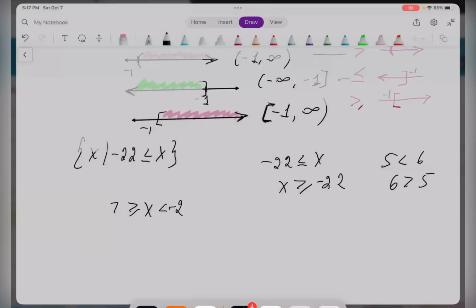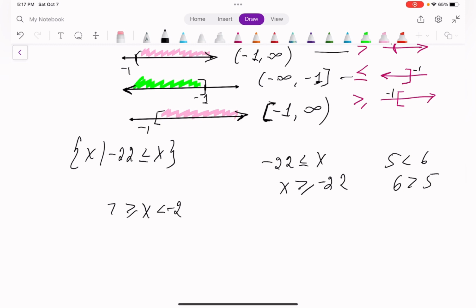So what does that mean? So the first piece is 7 greater equal x, which means x is less equal 7, right? Second one, x is less than negative 2, right? Okay, x is less than 7.